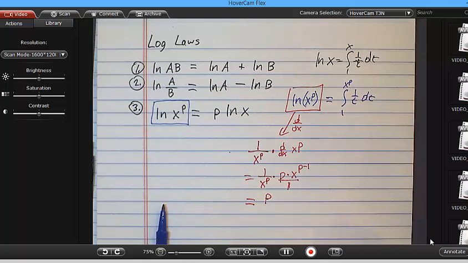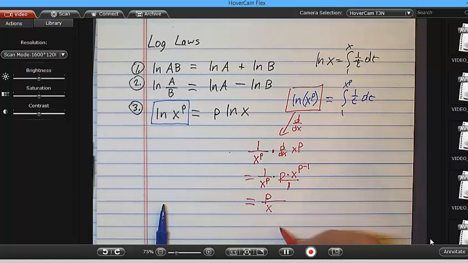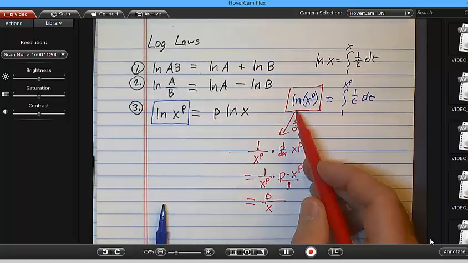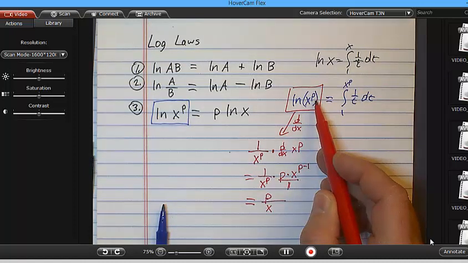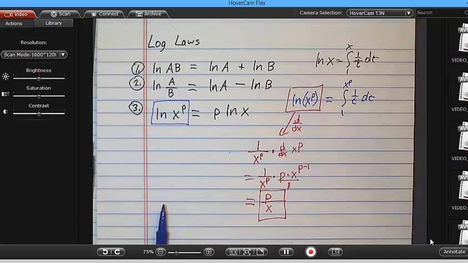So I start canceling them. Do they all disappear? Almost, though, right? There's one left. Where's there one extra x? In the numerator or in the denominator? Sure, it's x to the p power in the denominator, and this one's x to the p minus 1. So if I cancel all the x's, I get that the derivative of the natural log of x to the p is p over x.